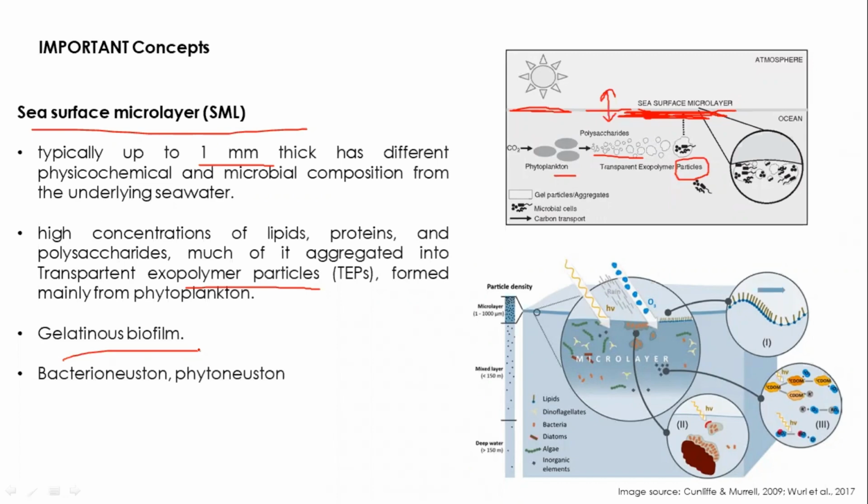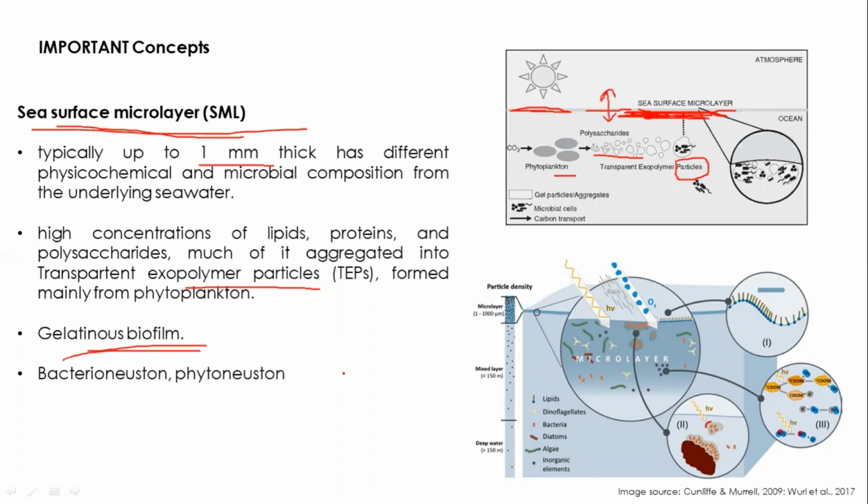It is because of this gelatinous biofilm layer of the sea surface microlayer that those organisms can easily attach to the surface without going in, or without interacting with the water column, right?